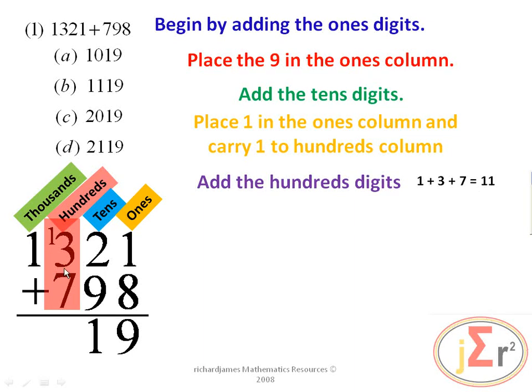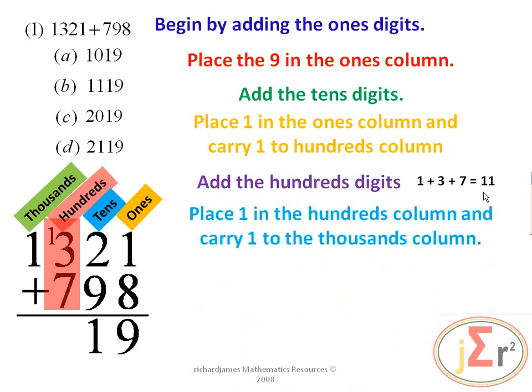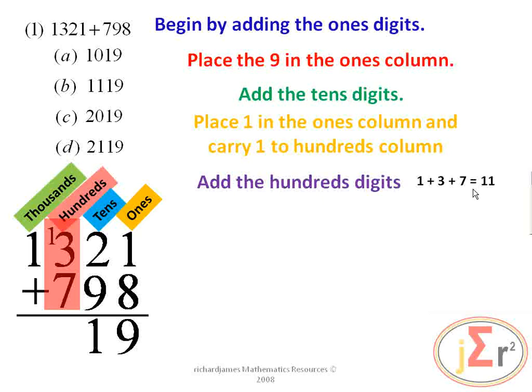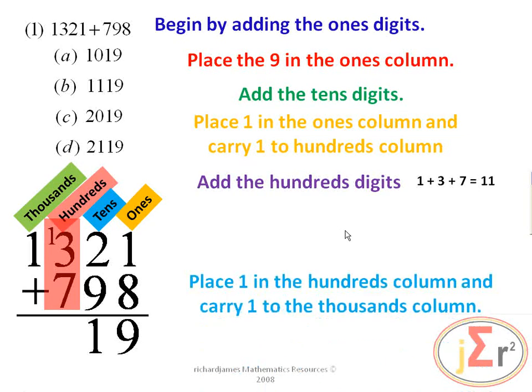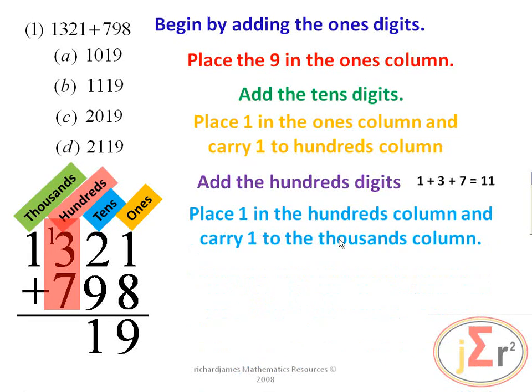Now that we are in the hundreds column, and we have 11 hundreds, we will keep this 1 in the hundreds column, and then the left digit will be higher in place value. So it will go to the thousands column. So place 1 in the hundreds column and carry 1 to the thousands column.